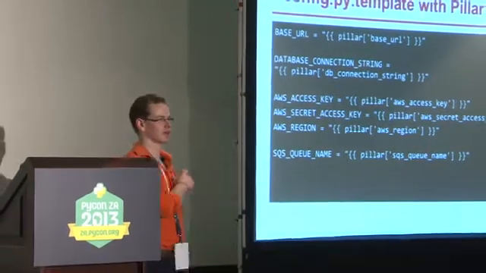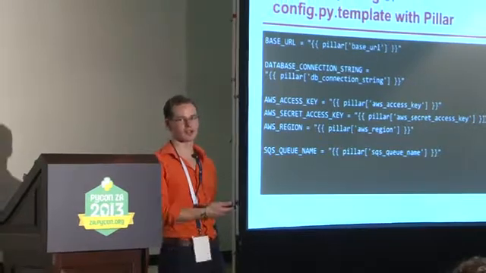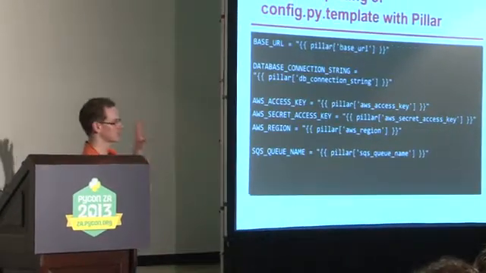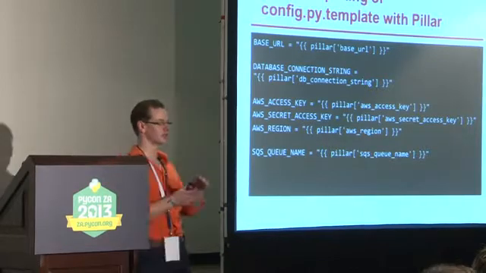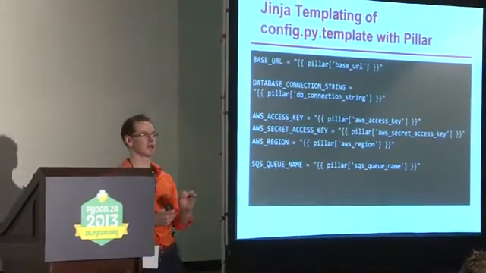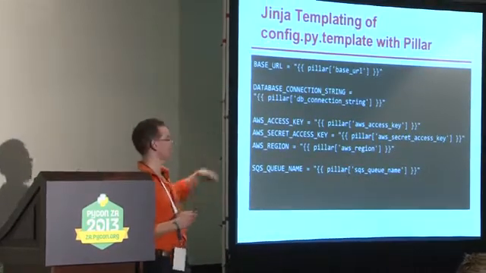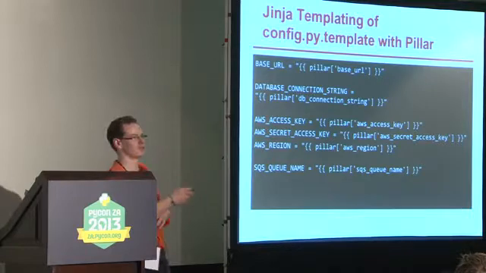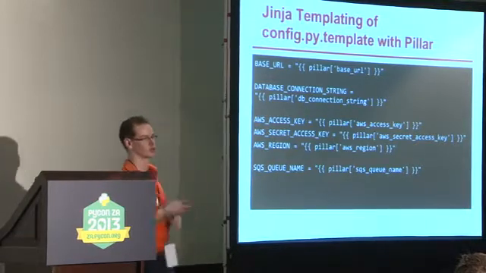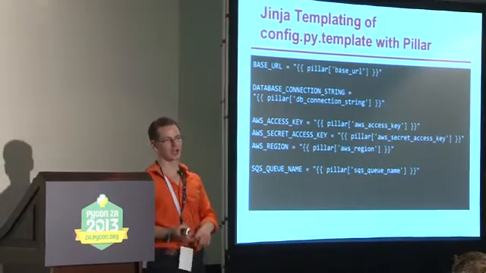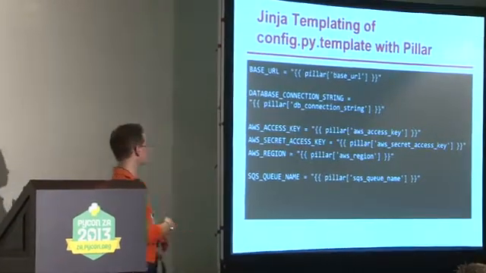So this is actually a Python file that gets templated with Jinja using the Pillar configuration system. I tell Salt to output this on our web nodes in a certain folder, and our entire program reads this config in, and it uses the values in this file. For example, the base URL of our API, the database connection string, which is templated according to the environment that we're deploying on, whether that is production, local, or QA.